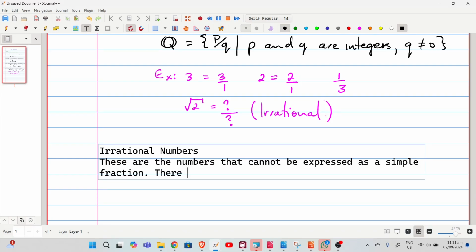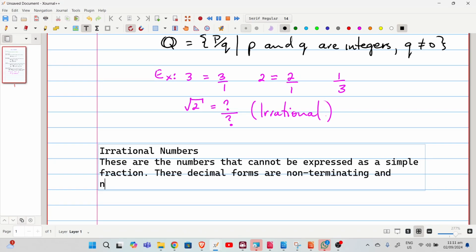Their decimal forms are non-terminating. And if you don't know what non-terminating means, it simply means that it doesn't end.